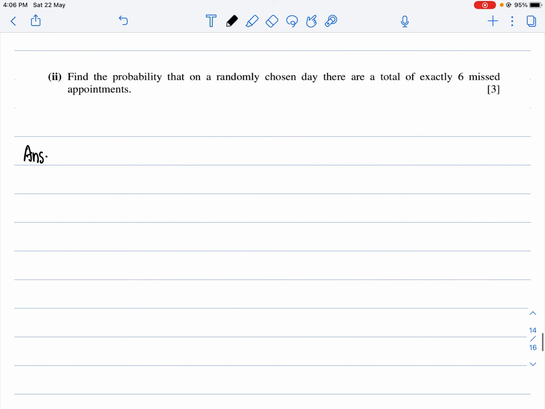Now, part 2. Find the probability that on a randomly chosen day, there are a total of 6 missed appointments. Now, a day consists of the morning and the afternoon.